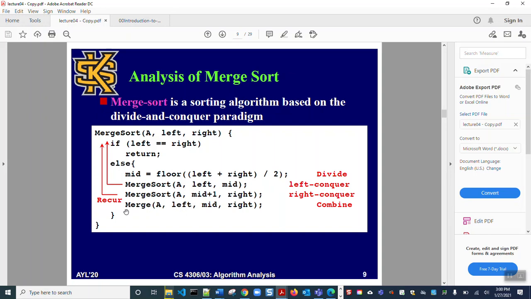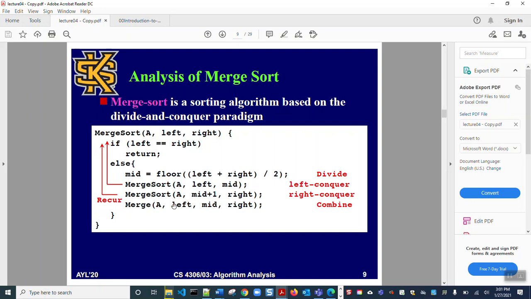And after that, we combine the results with merge: left, mid and right. Maybe there is a question: what is the mid plus 1 element?